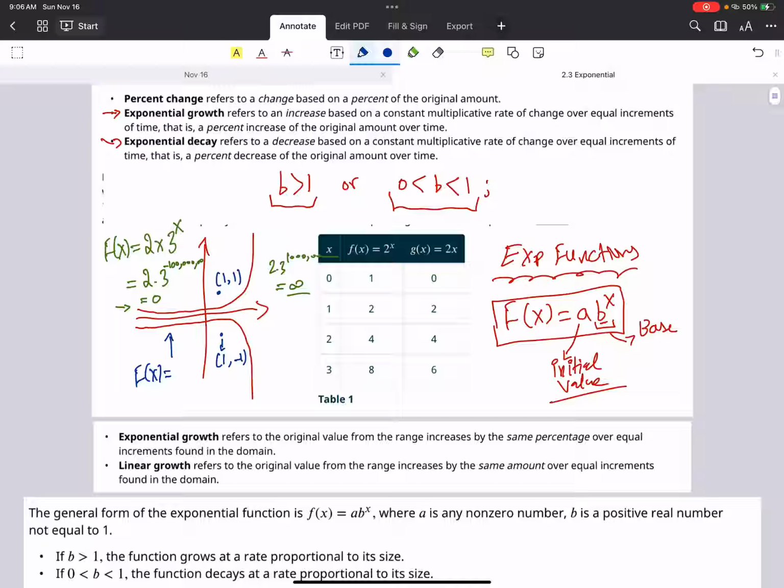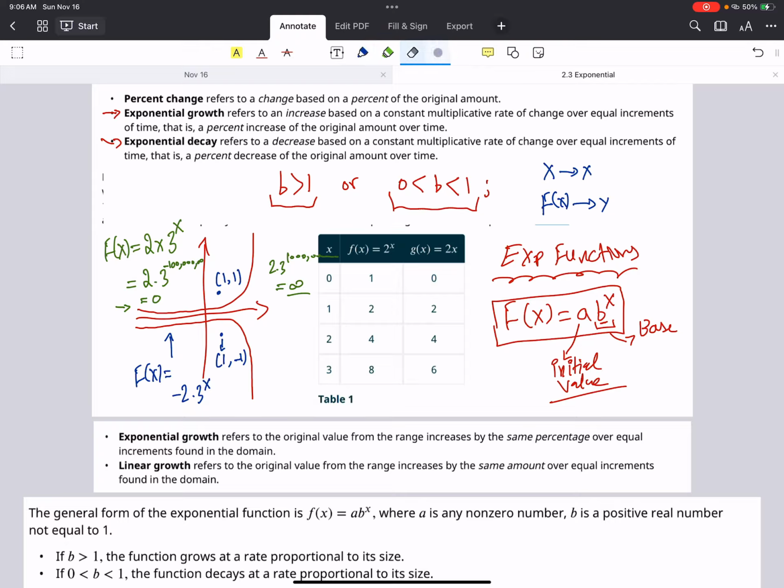It's negative 1, right? I'm just changing the y value, and remember x is simply x, and f of x represents y. So to change the y value, I'm just doing negative f of x, which is simply equal to negative 2 times 3 to the power of x.